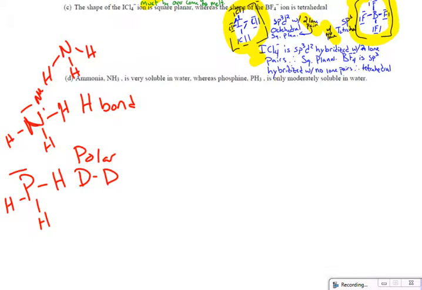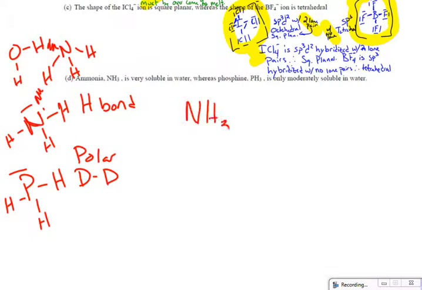You know what else can exhibit hydrogen bonds? Our good buddy water. Because a hydrogen bond exists between a hydrogen that's bound to a nitrogen, oxygen, or fluorine, and a neighboring nitrogen, oxygen, or fluorine. So that is going to contribute to ammonia's solubility.